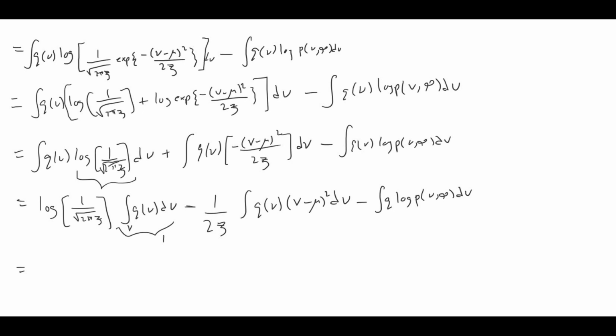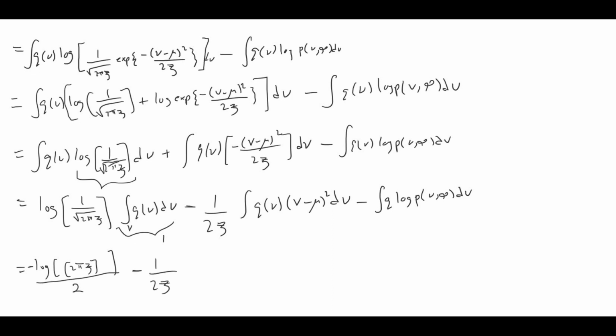Let's also simplify this. We can write this as 2 pi zeta to the power minus 1/2, and then we can take the minus 1/2 out, which is a nice property of logarithms. So we can write minus log of that over 2, minus 1 over 2 zeta.